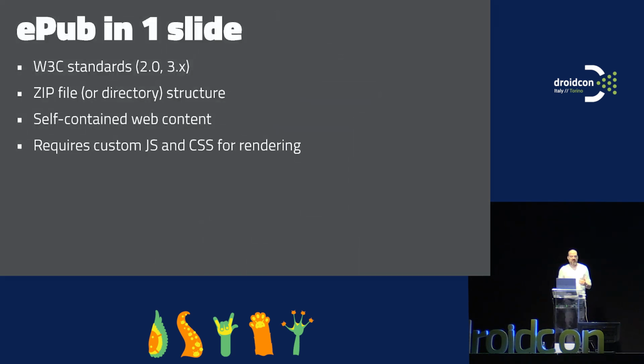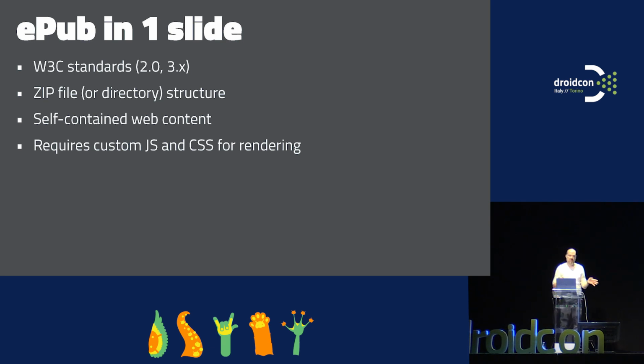It's the W3C standard. The first version was version 2, because version 1 never happened. And there is a version 3 as well, and there is some iteration of version 3, and they are working on a version 4. Basically, an ePub file is just a zip file of a certain structure with local web content in it. Sorry, with self-contained web content.